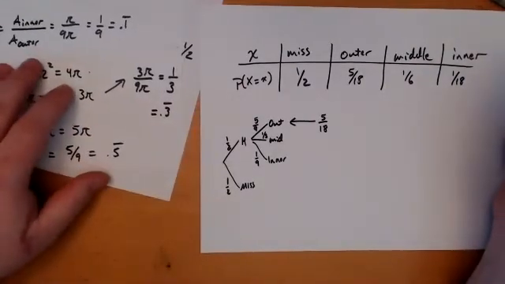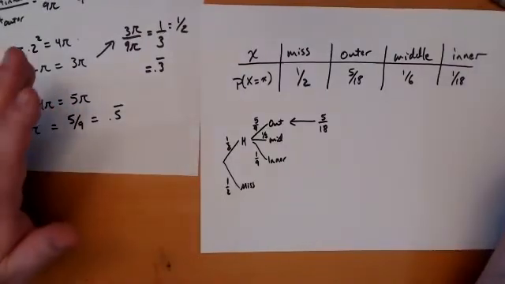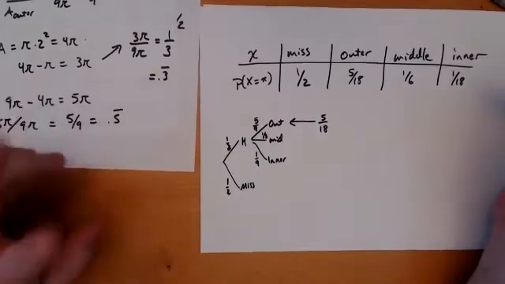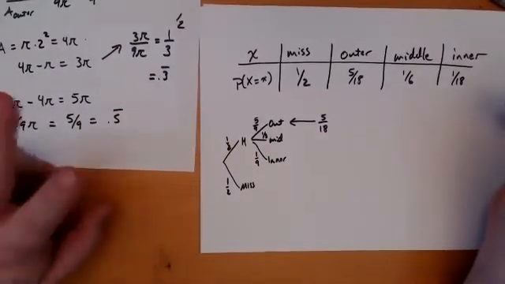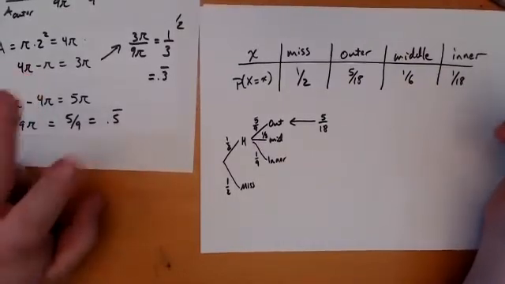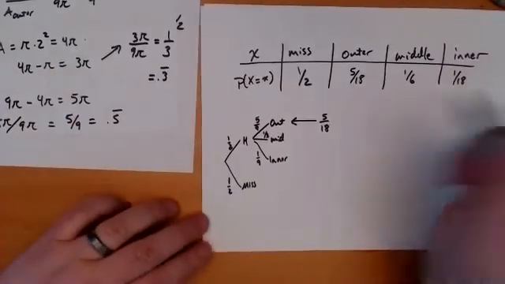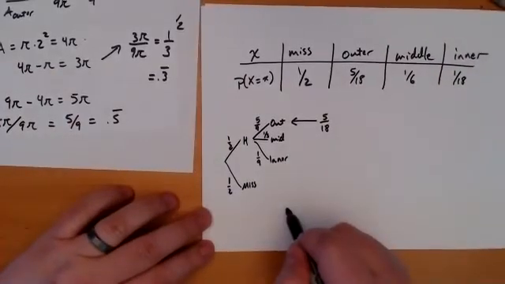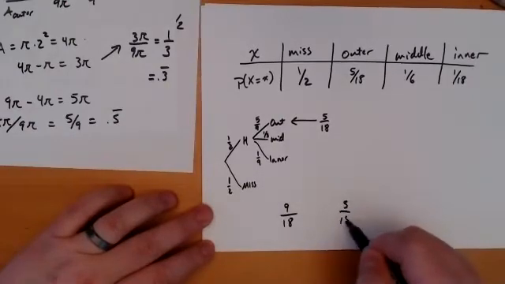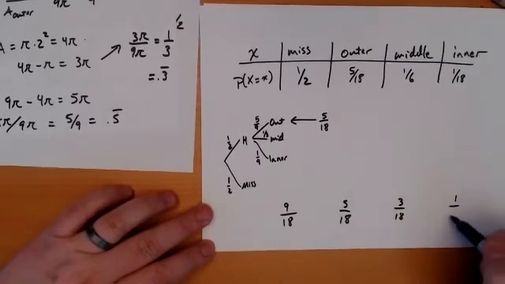And just to validate the 2 people who left it as an unreduced fraction, you're not wrong. In fact, having them not reduced actually will help you here, because this is 9/18, 5/18, 3/18, and 1/18.